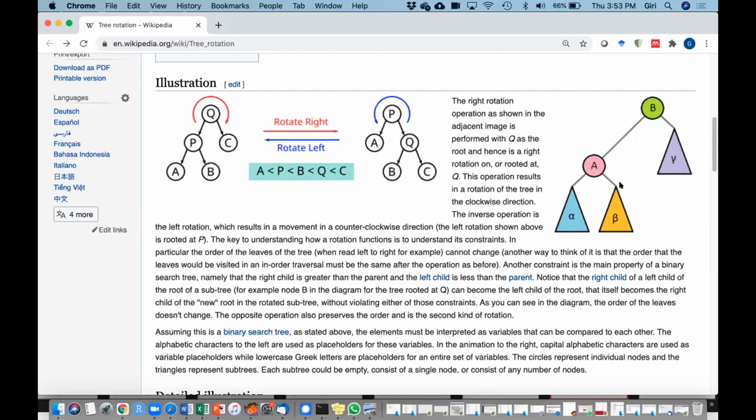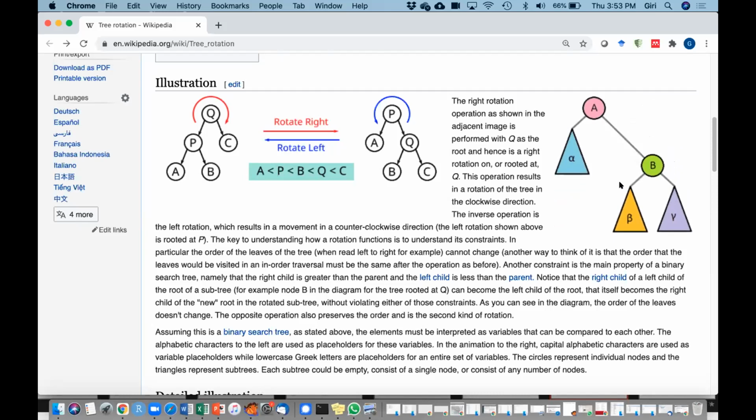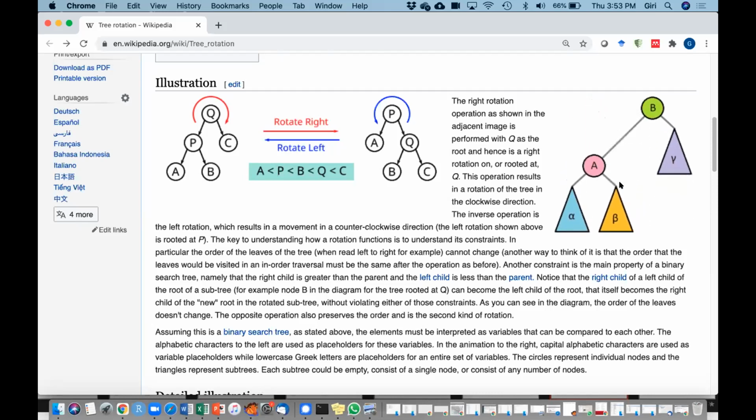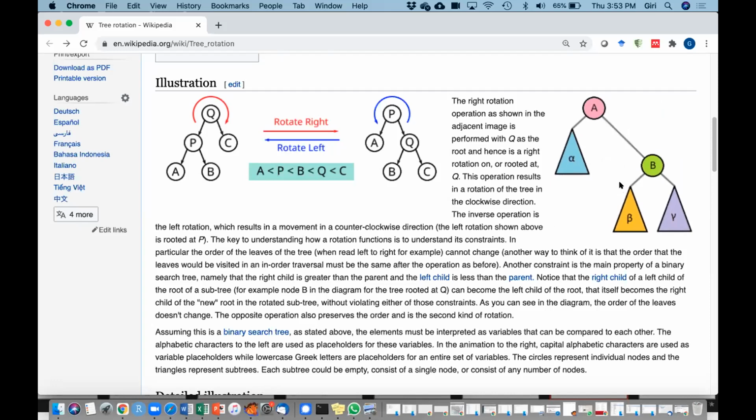Do you see this animation that's shown where when you rotate at B, A goes up and becomes the parent. And the second subtree now, instead of hanging off of A, becomes a subtree of B. So this operation is called a rotate operation.